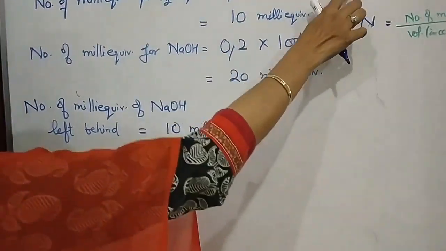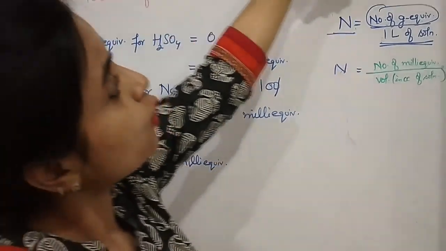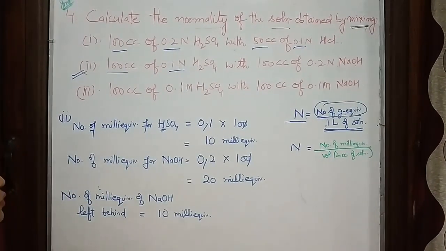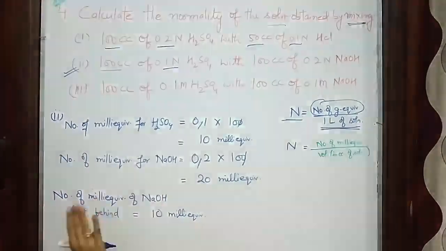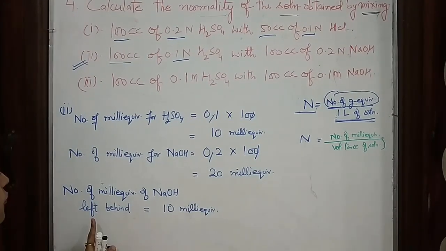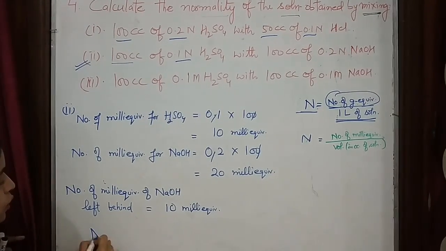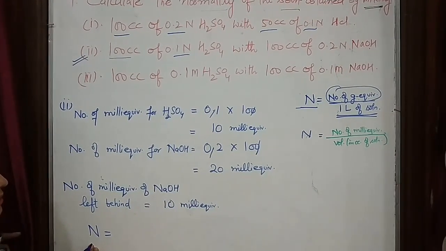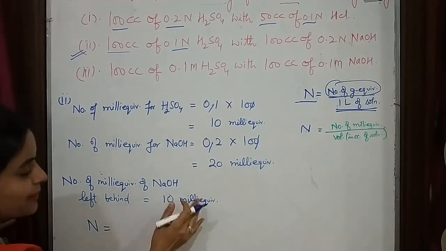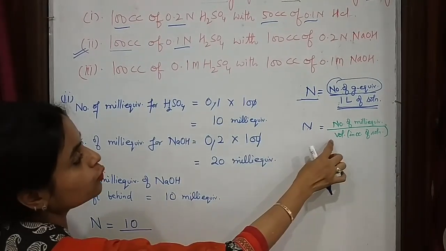Now, because you have to find out the normality of the solution obtained by mixing these two, when we mix together, 10 milli equivalents of both these are used and only 10 milli equivalents of this NaOH is left over. As a result, normality of the resulting mixture, according to this formula, is equal to number of milli equivalents present in the solution, which is 10 milli equivalents, upon volume in cc.